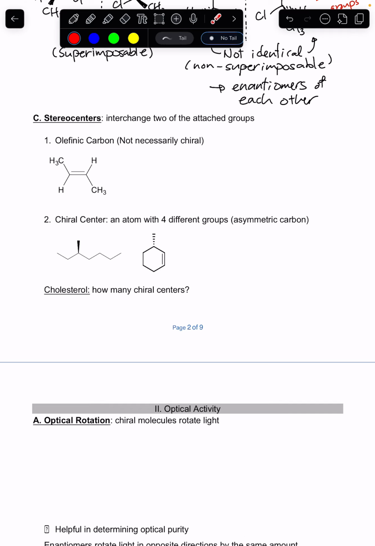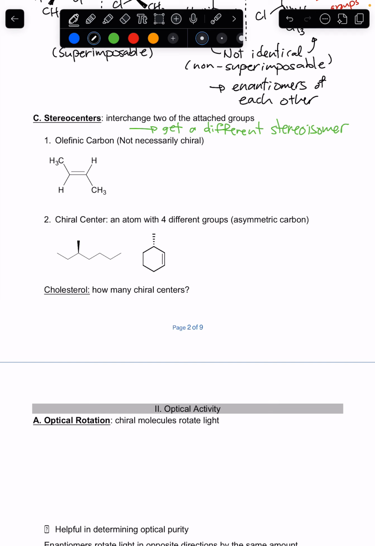And what is a stereocenter? If you interchange 2 of the attached groups on that carbon, that leads to a different stereoisomer. Okay. That's what makes it a stereogenic center or stereocenter.